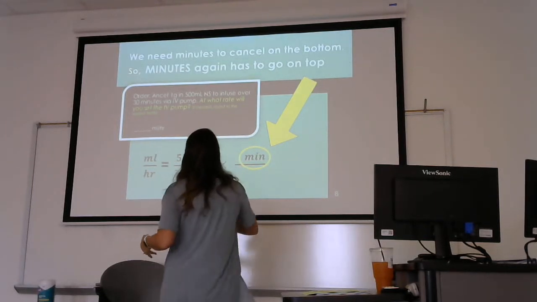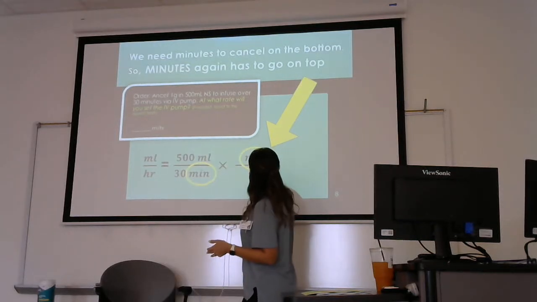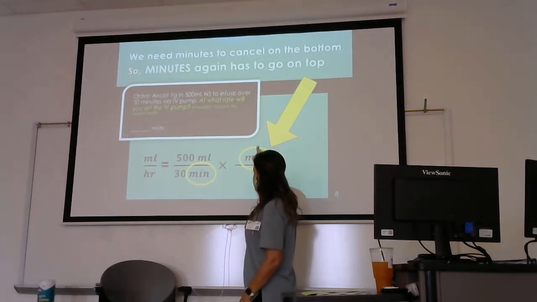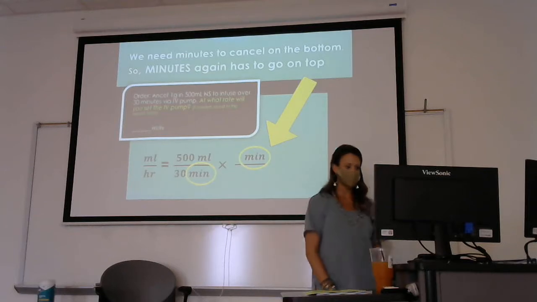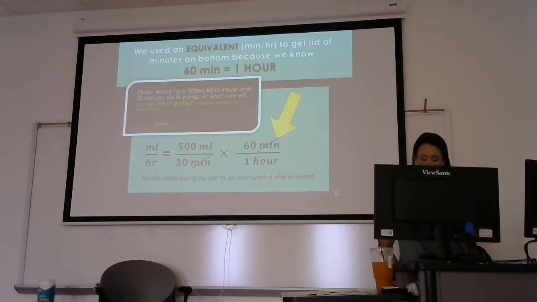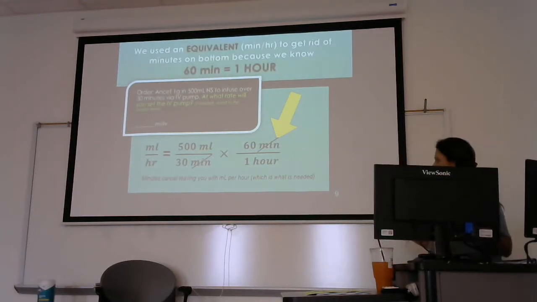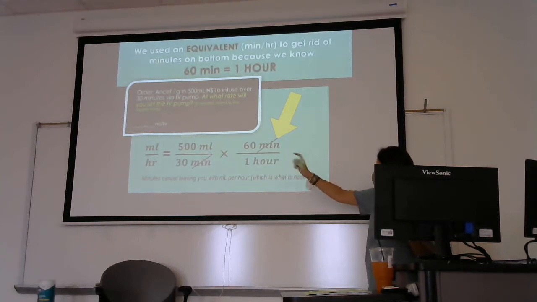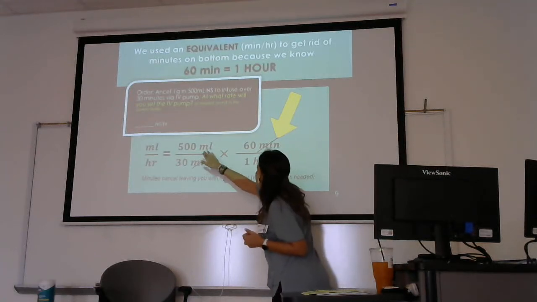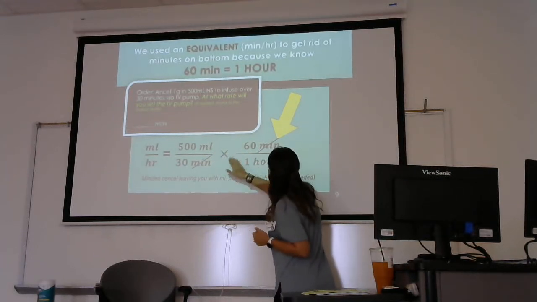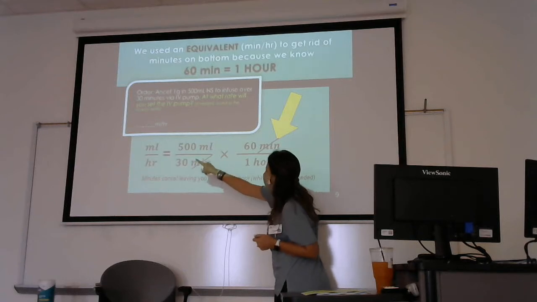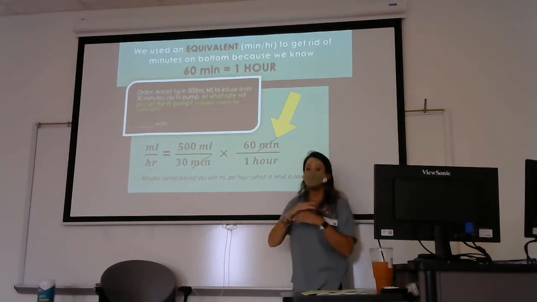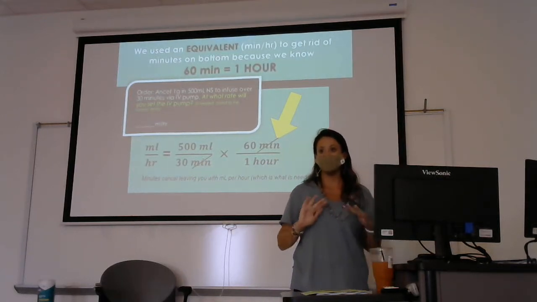Okay, so minutes, we put 60 minutes per 1 hour. Always, after you fill out a bracket, stop, wait a minute, look at it, cross your units out, evaluate. We've still got milliliters and hour. Milliliters per hour. That is a check, green light, we're good.